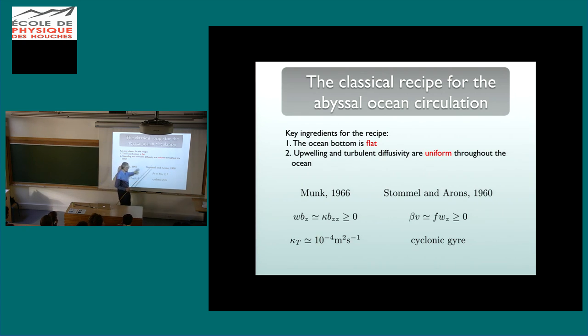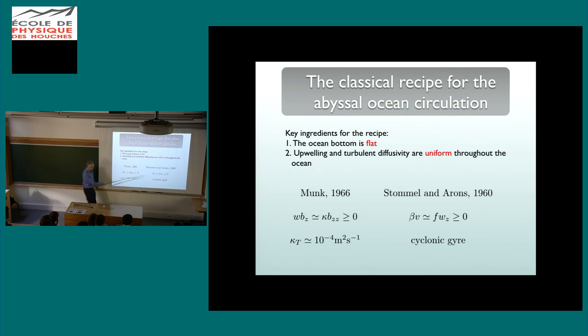Stommel's argument instead brought the other piece of the picture, which was the horizontal circulation, and said, by just using the vorticity equation in planetary geostrophy, that there had to be a meridional flow balanced by stretching of water columns, and this dW/dz had to be positive because W is zero at the bottom and it's larger at some depth above it. It has to be positive at some depth above it because it has to balance the sinking at high latitudes.